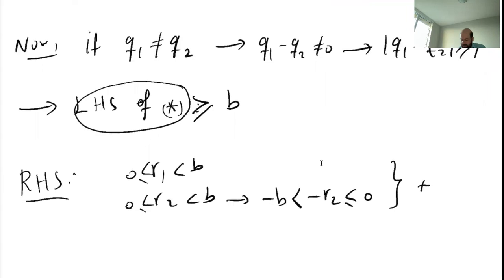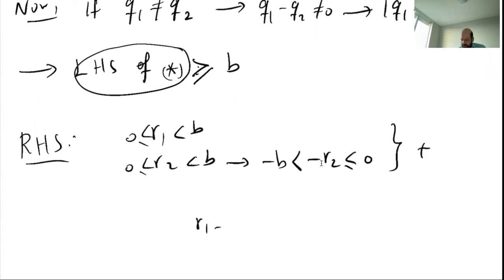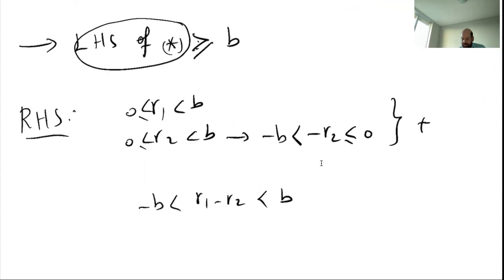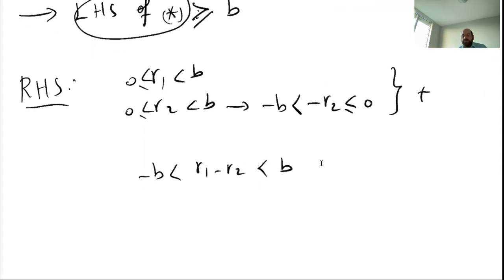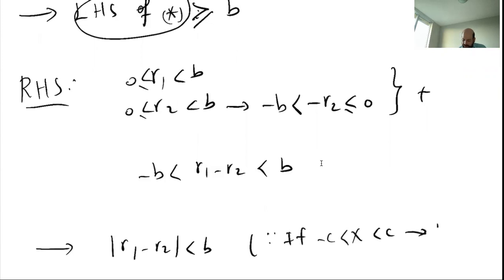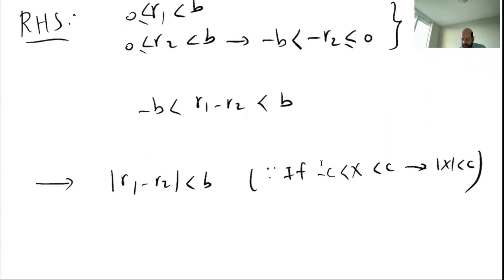So if I add these two, R1 minus R2 will be bigger than minus B and less than B. So I have a number which is bigger than minus B and less than B. From pre-calculus, that means that the absolute value of this number has to be less than B. So that means absolute value of R1 minus R2 is less than B, because if X is between minus C and C, then absolute value X is less than C, from pre-calculus.